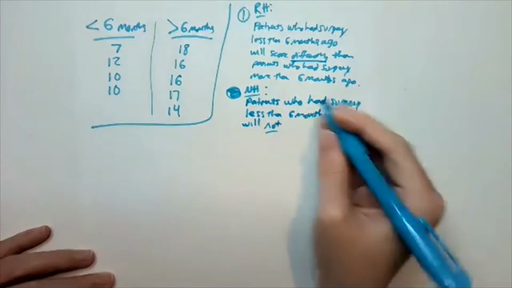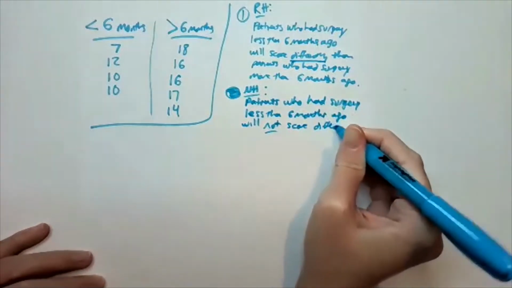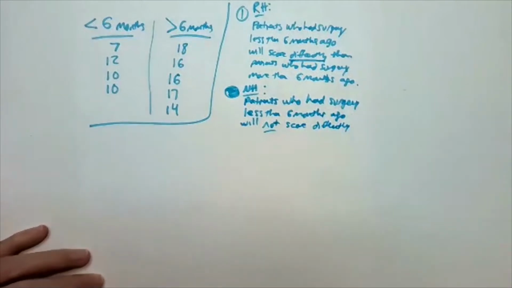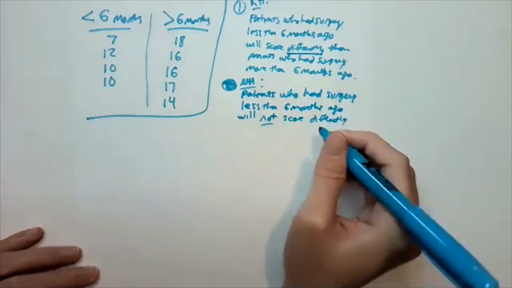Again, the key word here is that they will not score differently. This would mean that my groups are the same and that my results would not be significant.